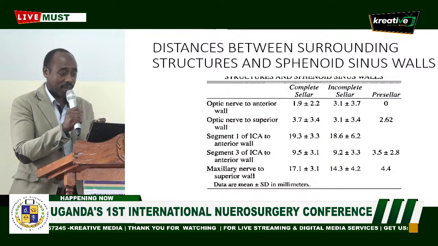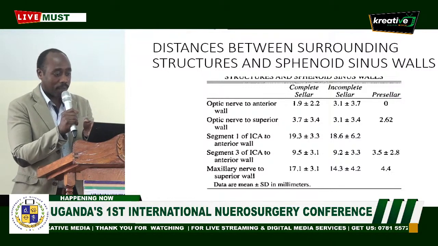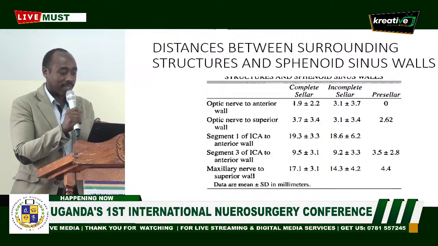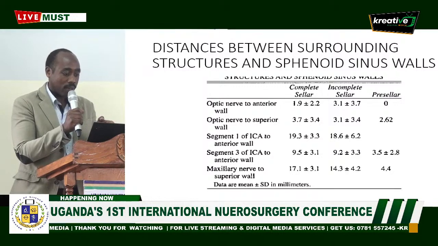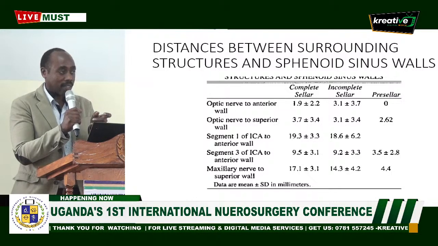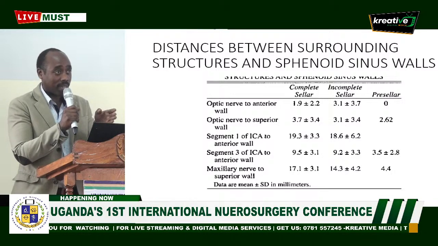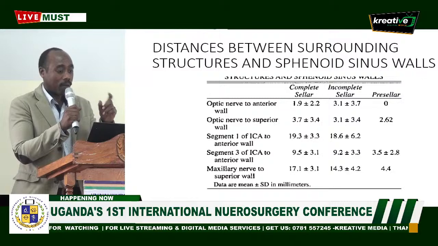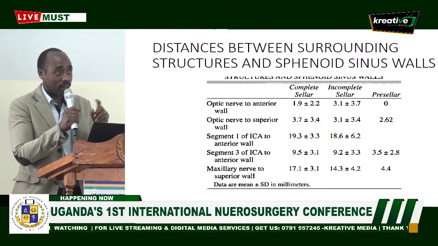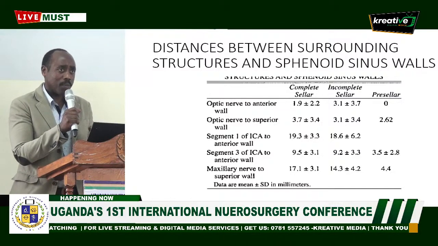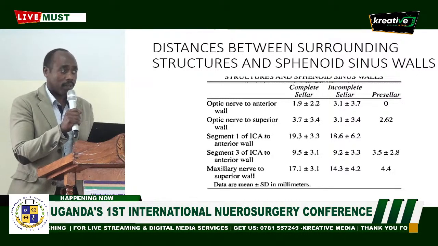For example, if you have a complete sellar type as opposed to an incomplete sellar type, when you're looking at the wall of the internal carotid artery, the distance between the wall and the sinus, the wall and the vessel itself, is always better with the complete sellar versus an incomplete sellar. So basically, this helps you to improve the safety of your surgery.